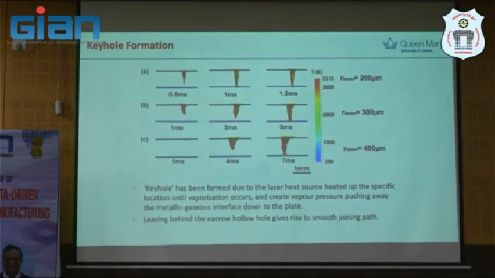We change the beam radius from 200, 300, and 400. This is because this is for aerospace application. They want a very clean, well-joined region at that time. So they change, and this is the dynamics of the melt pool, if you see. If you use a smaller beam size, you will get a very narrow, shallow melt pool.